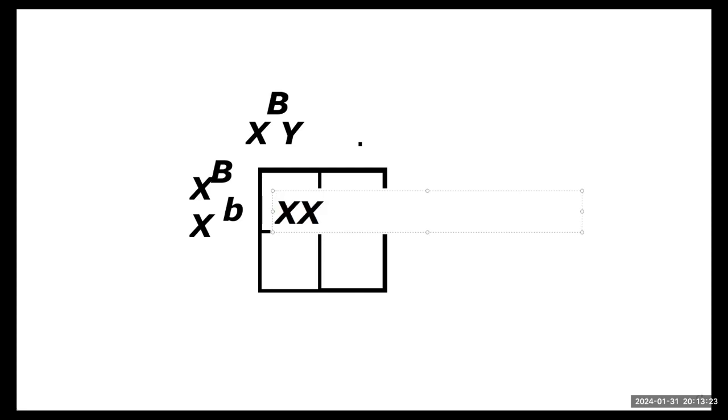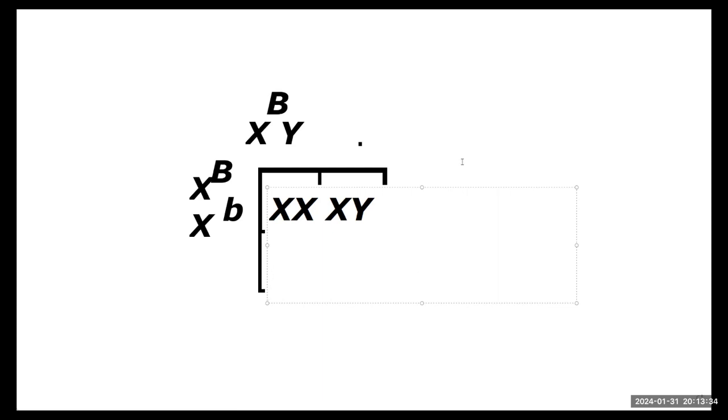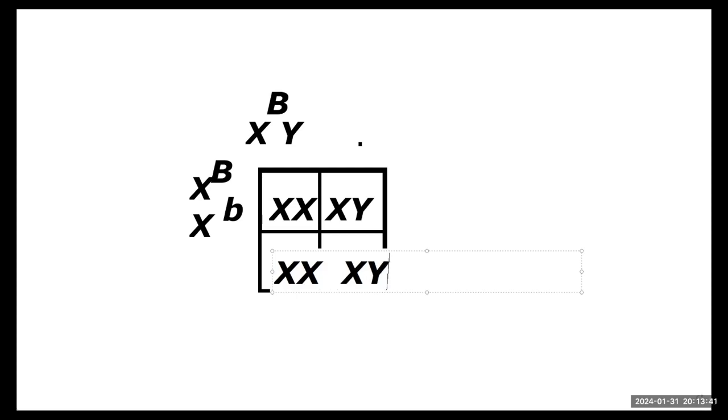So we have XX, and we're going to have XY. Down here, I'm going to put XX and another XY, so it goes in the box right.